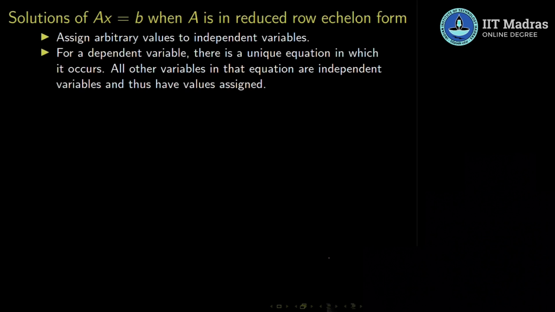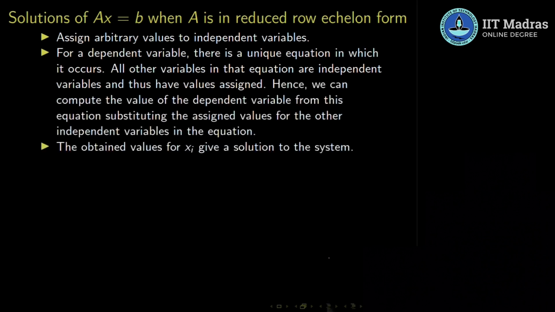All the other variables in that equation are independent variables, and we have assigned values to them. So, I can move them to the right hand side and get the value of the dependent variable. If we put all these together, the obtained values for xi give a solution to the system, and in fact every solution can be obtained in this way.